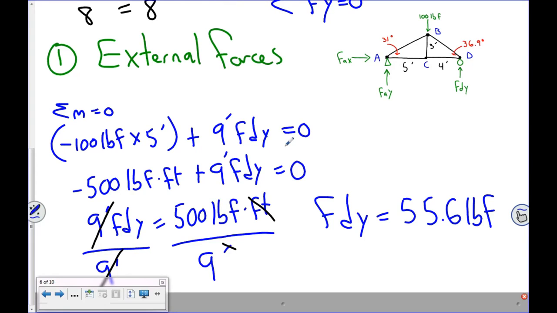Questions on that? So take a second and look back here. Everybody see how I got to that point, where I pulled all those numbers from. I didn't do any sorcery. I didn't do anything crazy. All I did was follow sum of the moments must equal 0. I summed all the moments.